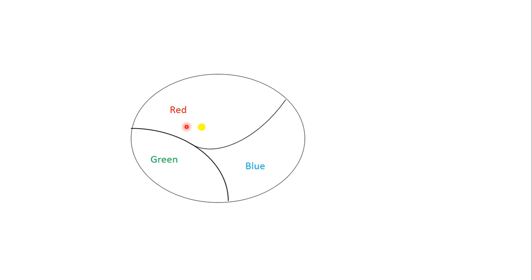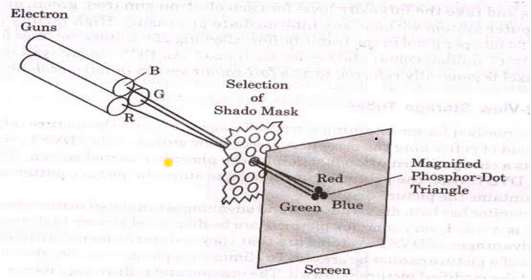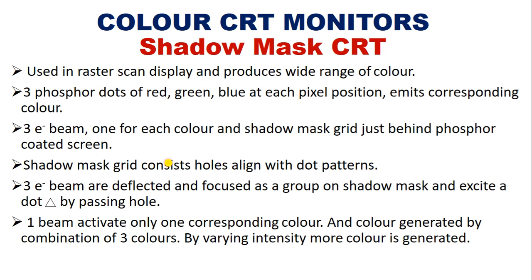Red electrons will strike only the red position, blue electrons will strike only the blue position, and similarly the green area will take the green electrons. No changes will happen, so the red electrons will not come and strike here. Only on that particular area will the electrons come and strike.